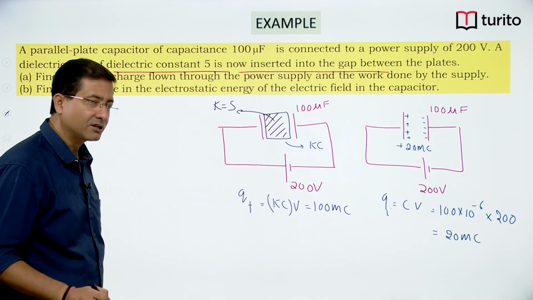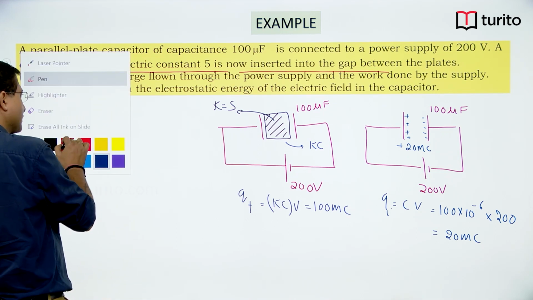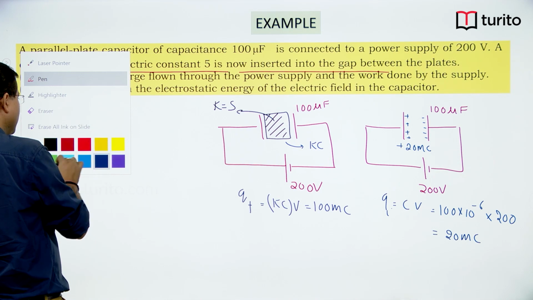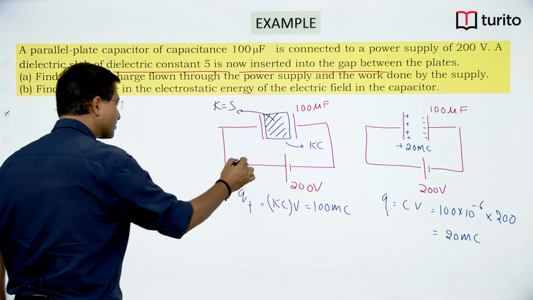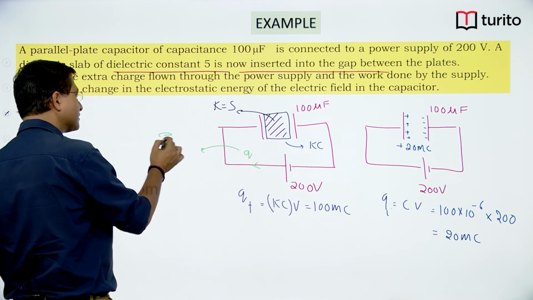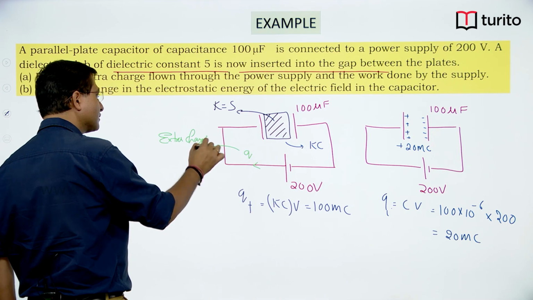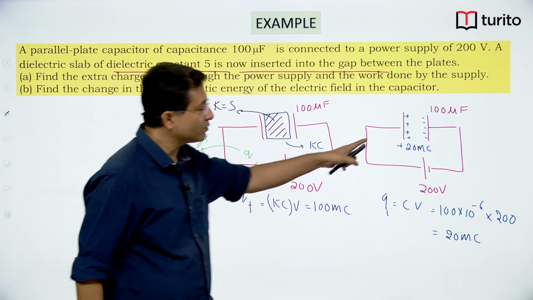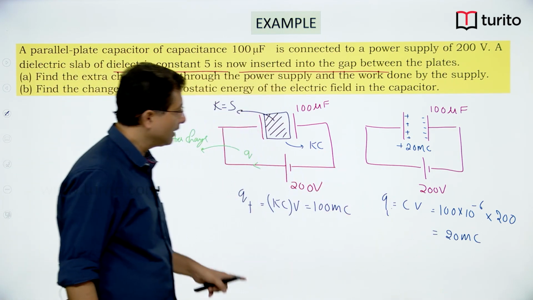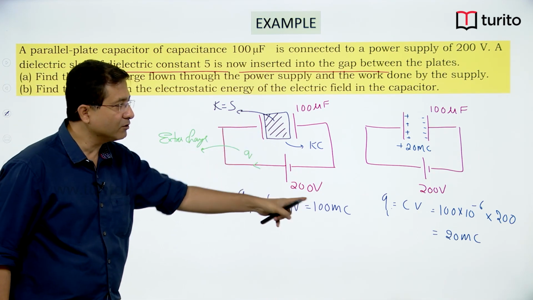So the extra charge, see, this is the extra charge. Initially the capacitor was having 20 millicoulomb, and finally this capacitor got 100 millicoulomb.